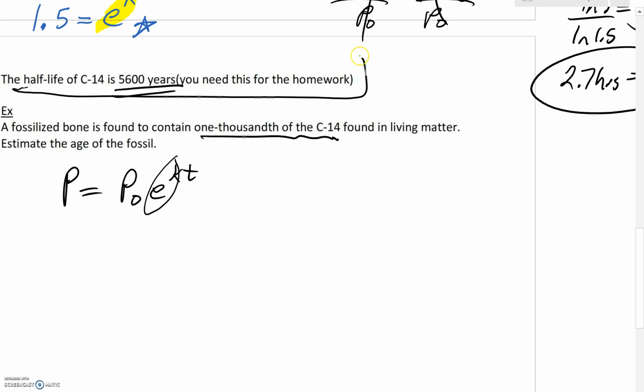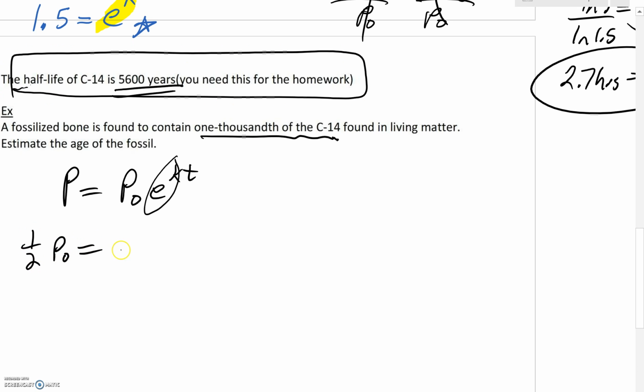When they're giving you this half-life, you're saying, look, I don't know exactly what we're starting with necessarily, but I do know it's going to take 5,600 years for our mass to become 1/2 of what it was, right? So I've got my t equals 5,600. By the way, I hope you can see that you can divide out your p sub zeros.